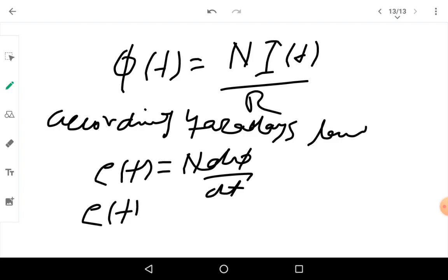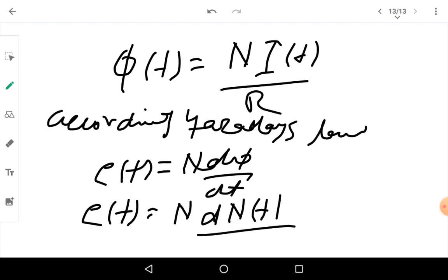So e(t) equals N d(N i(t) upon R) upon dt.